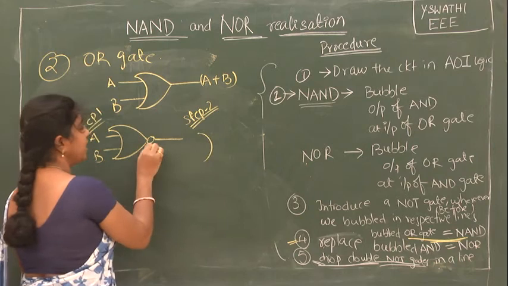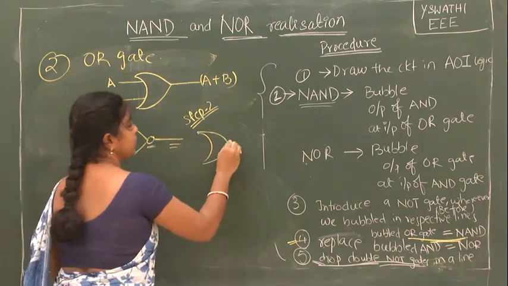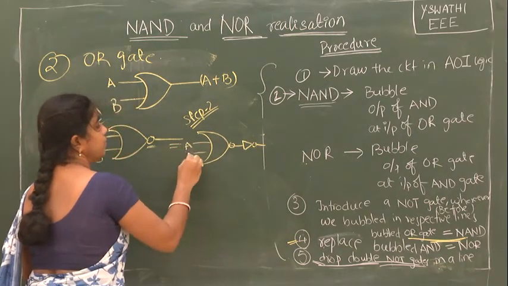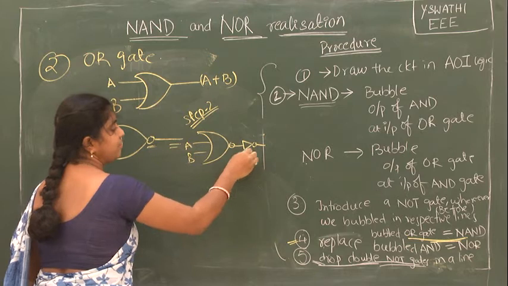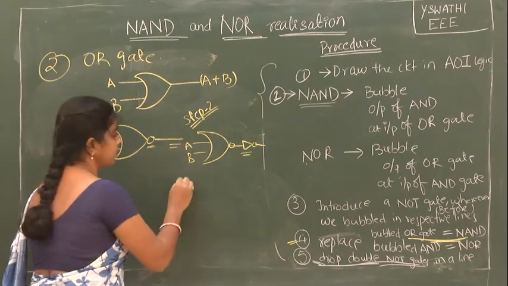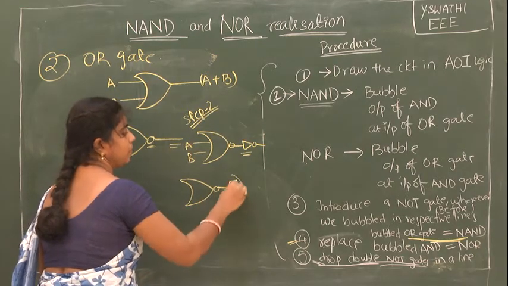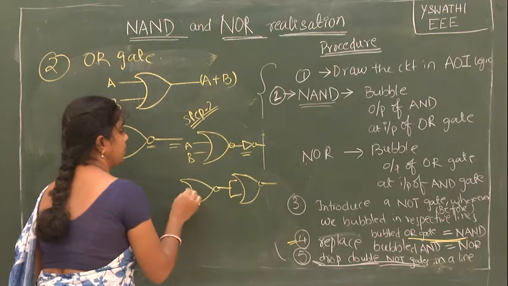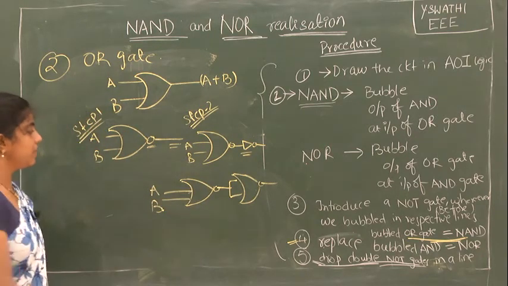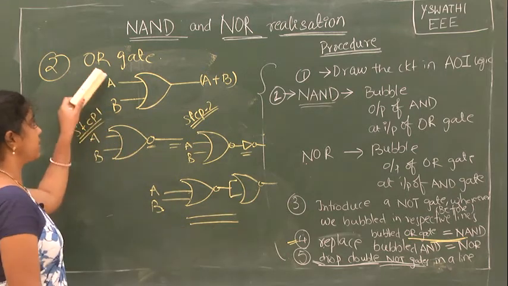So I have bubbled here. In the same line, I'll add an inverter. Now this inverter can be represented with a same input NOR gate. This represents an OR gate representation with NOR realization.